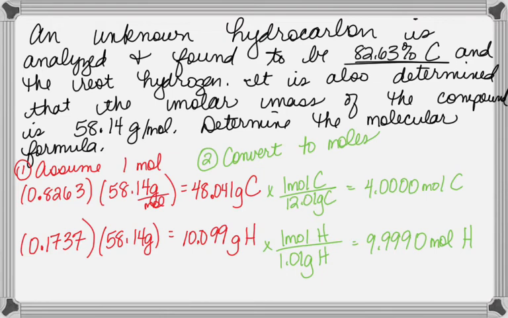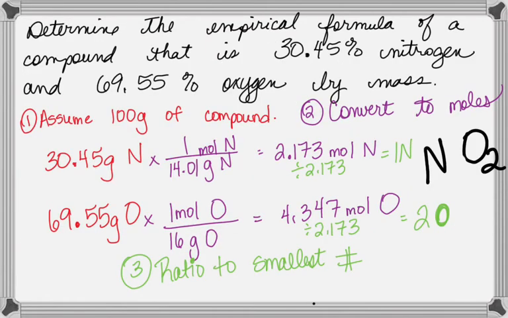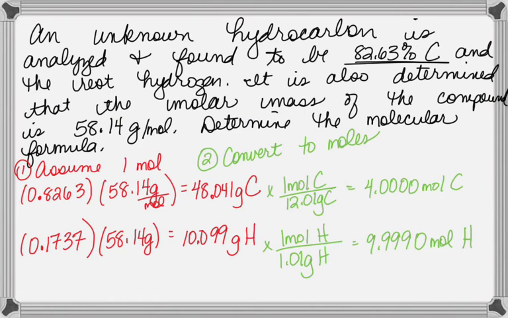Last time when we did this, I'm gonna jump back to my previous slide. See, we got 2.173 and 4.347. But this time we're getting a pretty solid whole number. So it looks to me like the formula is C4H10. You can check that by calculating the molar mass, right?